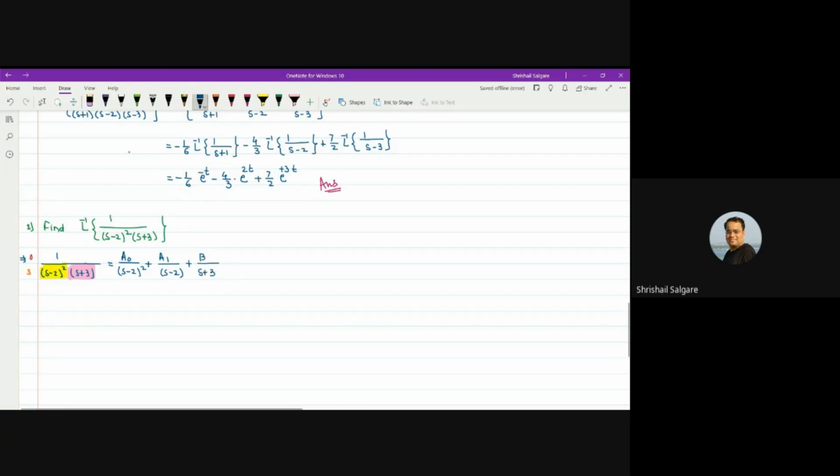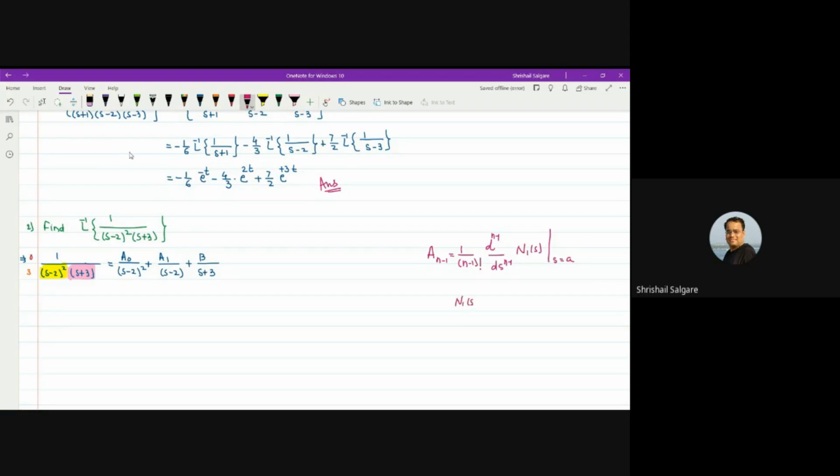Now recall the formula. What is a n minus 1? a n minus 1 is given by 1 upon (n minus 1) factorial into the (n minus 1)th derivative of n1(s), and the value of this function at s is equal to a. Correct? Now what is n1(s) in this case?